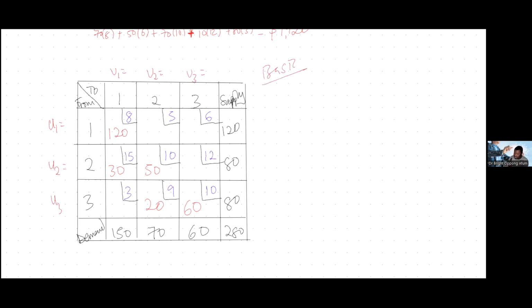We evaluate the basic variables, that is the occupied cells. So for the basic variable X11, remember Xij, let's put in the Xij.